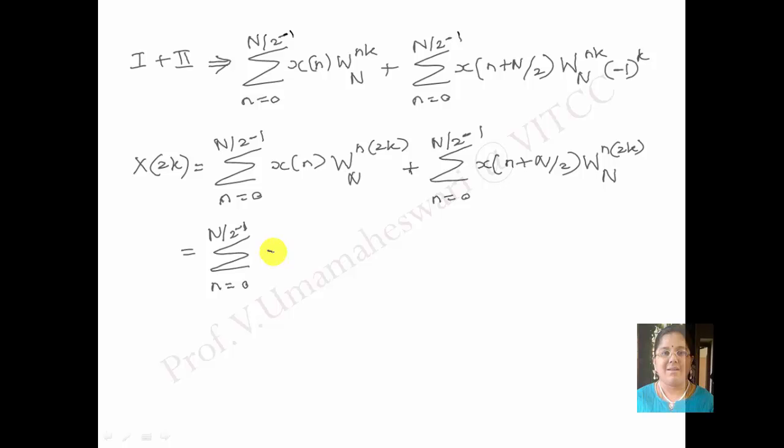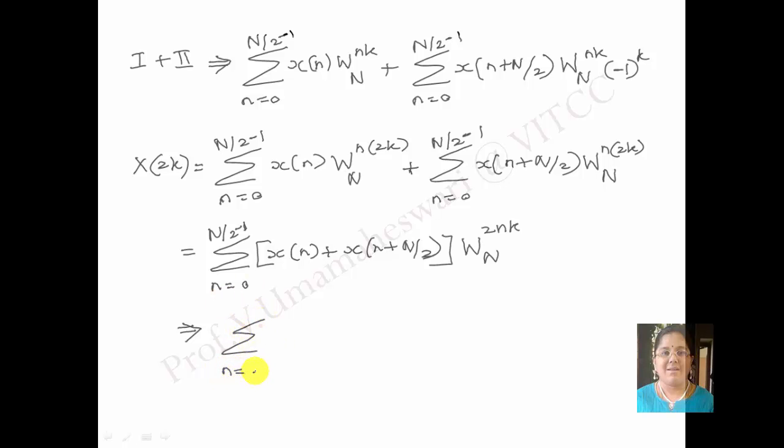The limits will be this, and then you will have x of n plus x of n plus N by 2, the whole W to the power 2nk to the base N. Now what is W_N to the power 2nk?